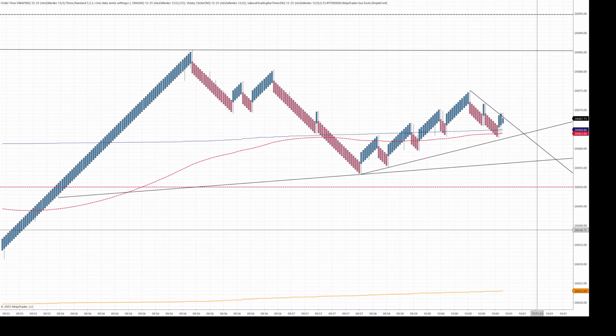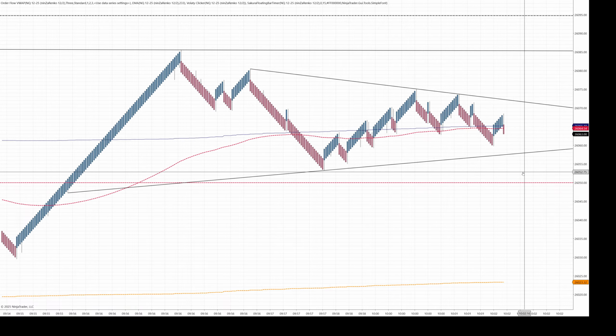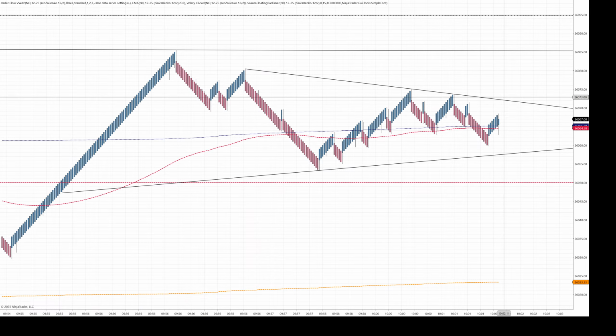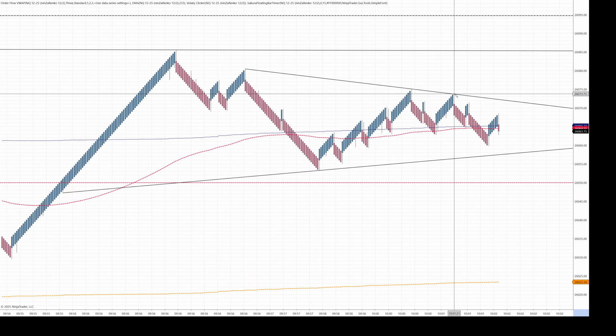All right, so we can delete these two trend lines here. We've gone right through them. Again, you had this reversal signal here to go back higher, but we still have resistance overhead with these trend lines.